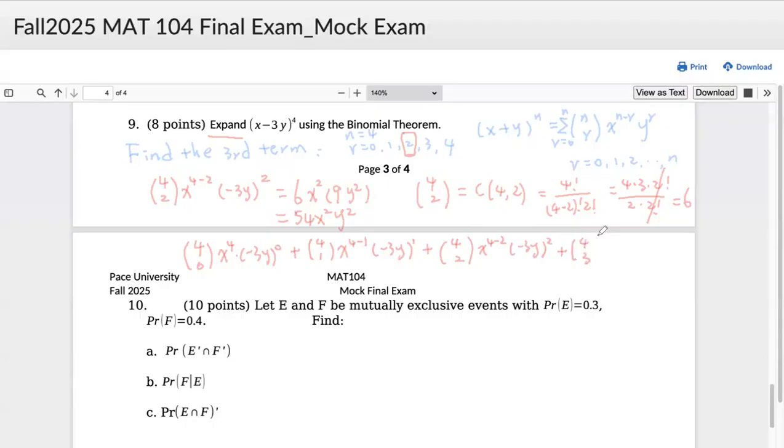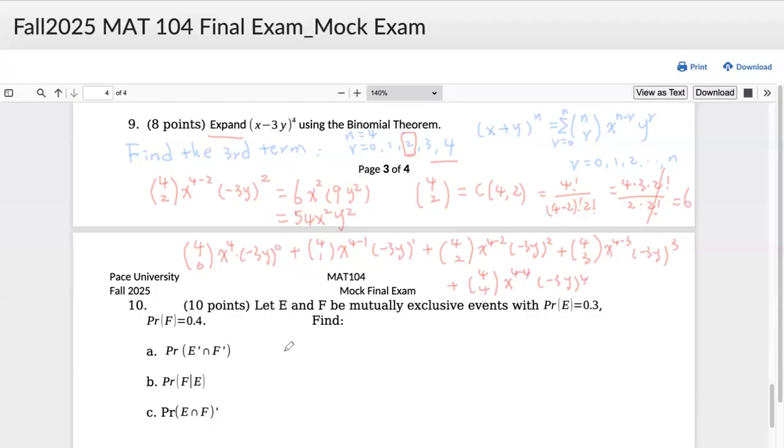Then 4 choose 3, the fourth term, x raised to 4 minus 3, negative 3y raised to 3. Last term, 4 choose 4. The biggest number r could be is 4. So x raised to 4 minus 4, negative 3y raised to 4.